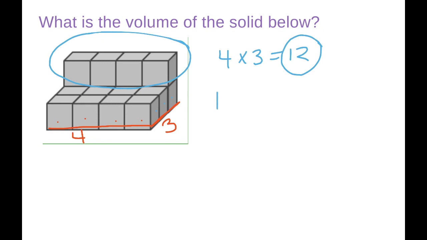Now I'm going to take the 12 cubes and add it to the 4 cubes that are here on top. And when I add 12 plus 4, I get 16. So the volume of this solid is 16 cubic inches.